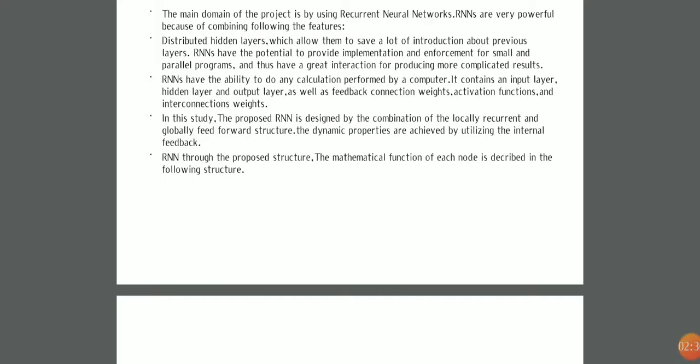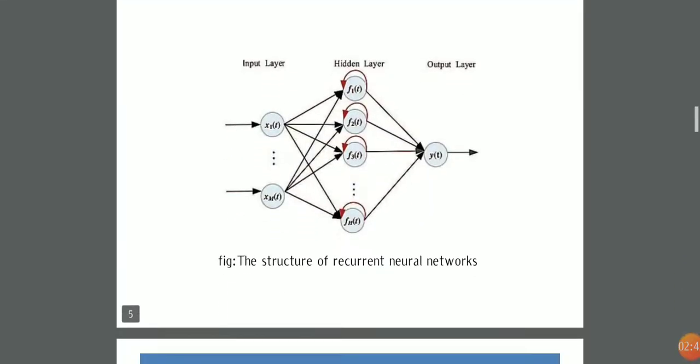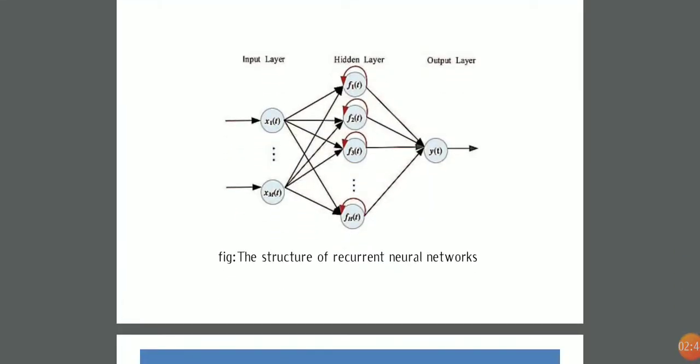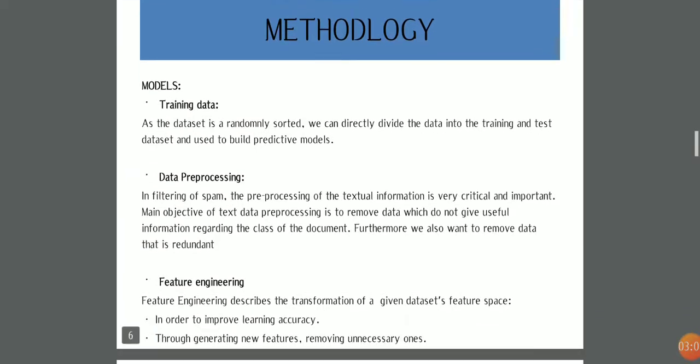Through the proposed structure, the mathematical function of each node is described in the following structure of recurrent neural networks. It contains an input layer, hidden layer and output layer, where the output will be one output, and we can give many inputs. Now let us see the methodology.